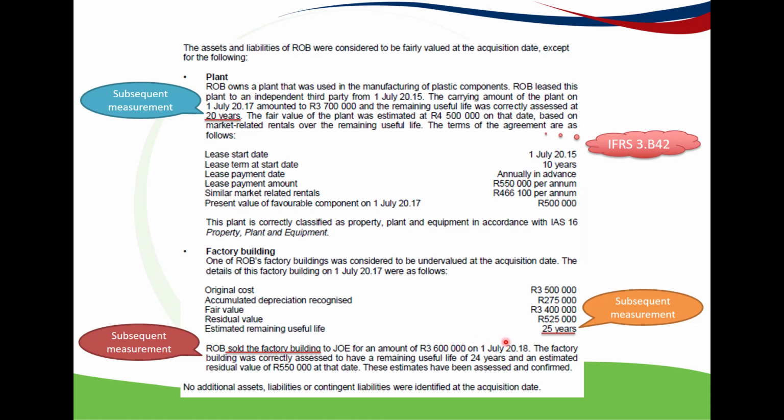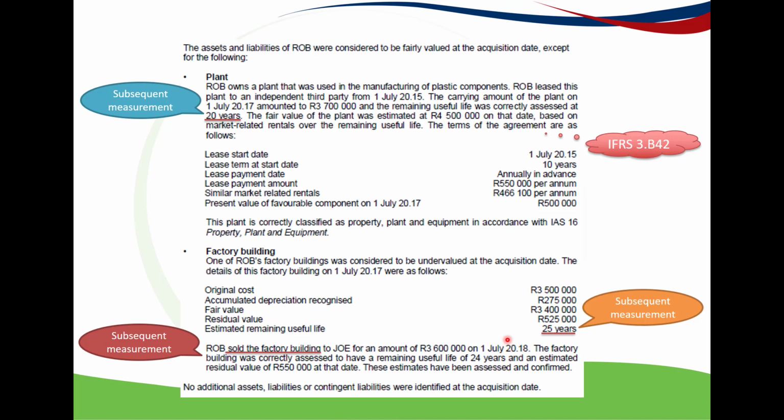But if we look at the consolidated entity, that building was in the group before the transaction and in the group after the transaction. So the depreciation that the parent has recognized when it acquired the building on 1 July 2018 will have to be reversed.